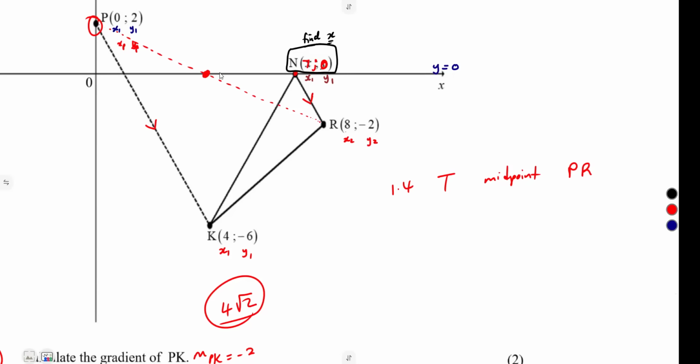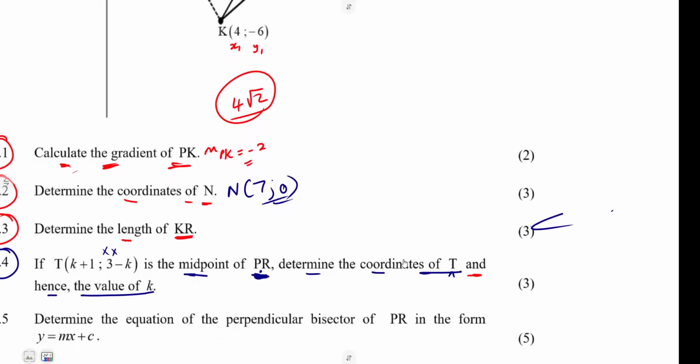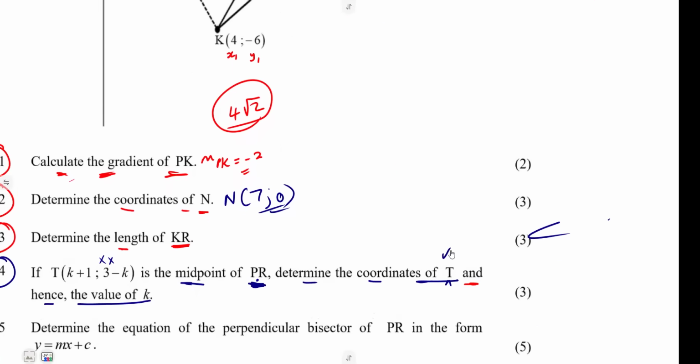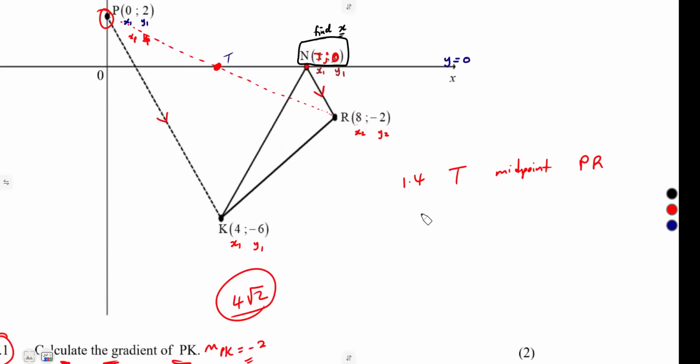So for that point T, first determine the coordinates of T, which is the midpoint. Remember that the midpoint is going to be x1 plus x2 over 2, then for the y values, y1 plus y2 over 2.